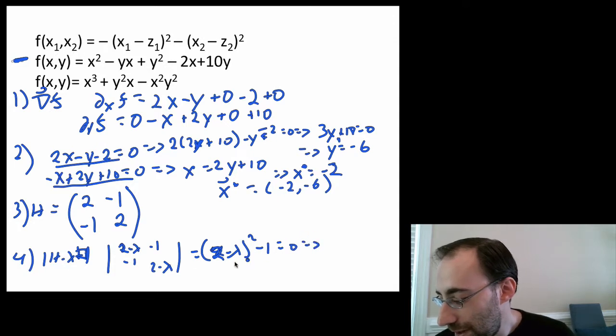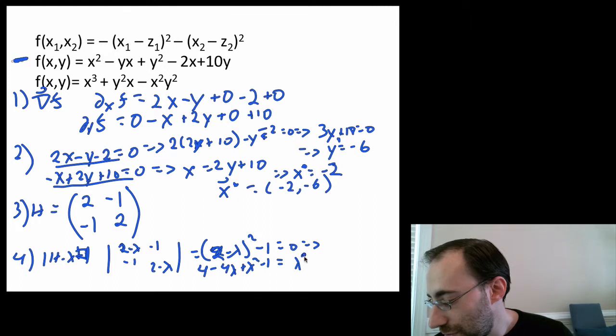That implies you have 4 minus 4 lambda plus lambda squared minus 1, which equals lambda squared minus 4 lambda plus 3 equals 0, or (lambda minus 1) times (lambda minus 3) equals 0.